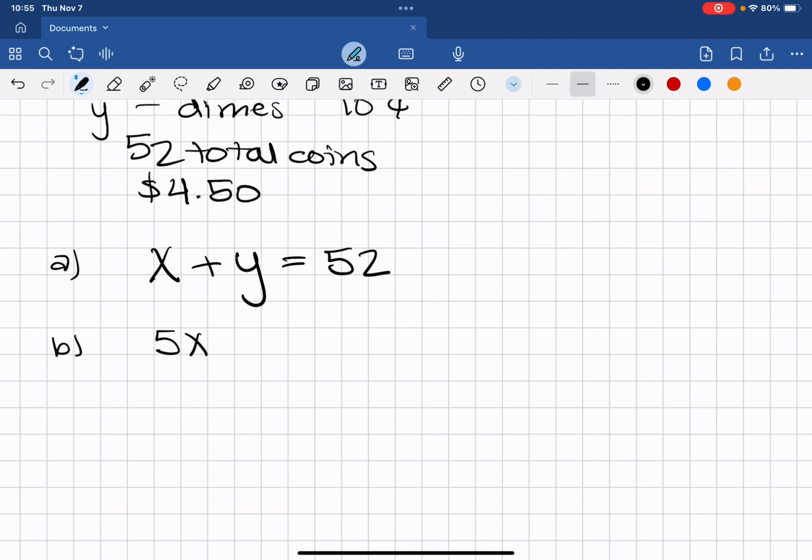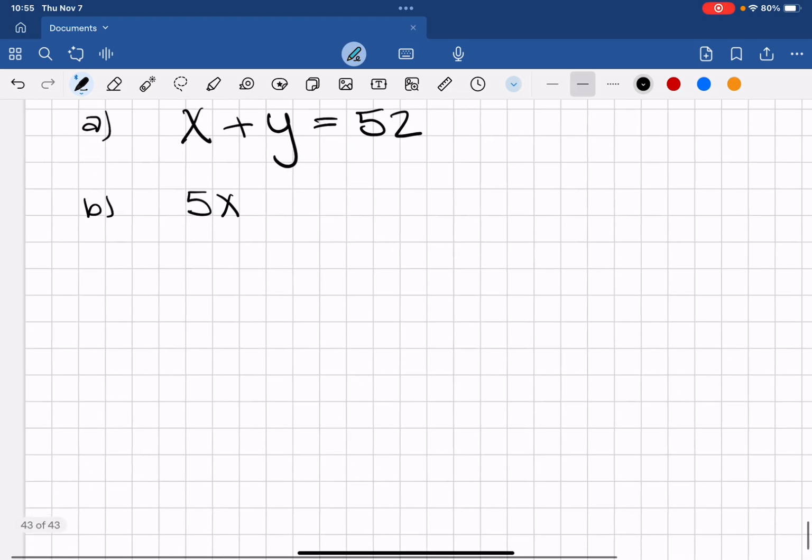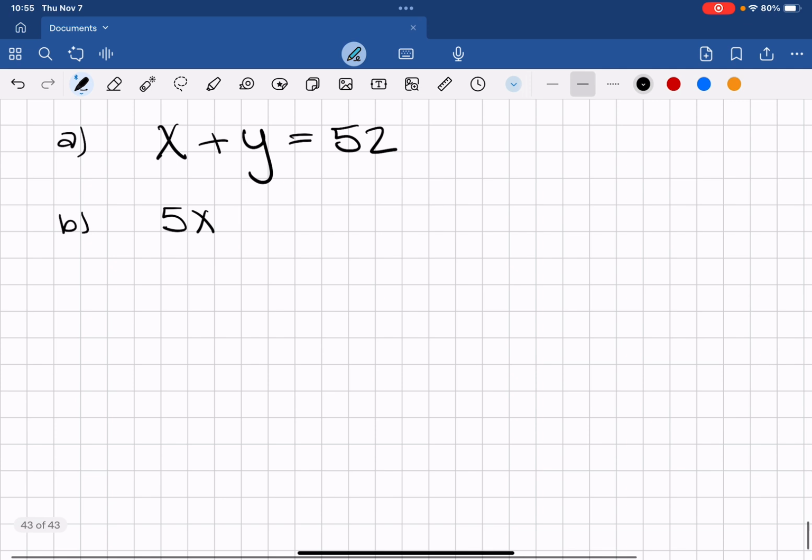So that's going to give us how many cents we have depending on our number of nickels we have. So then C is express the total value of the dimes in cents in terms of y. We know dimes are worth 10 cents, so we have 10y.